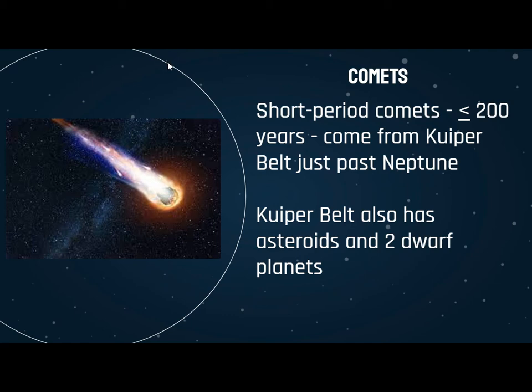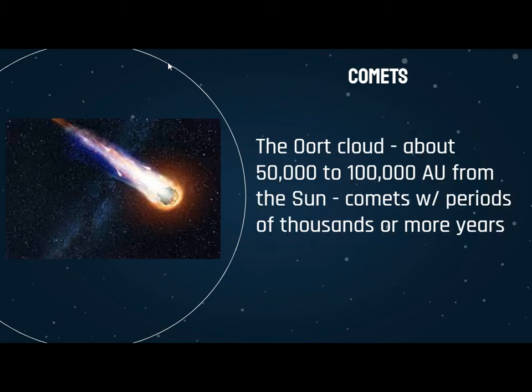But if they have really long periods, that means they have to come from farther away. And those probably come from what is called the Oort cloud. I know, weird name, right? Oort. The Oort cloud is about 50 to 100,000 astronomical units from the sun.